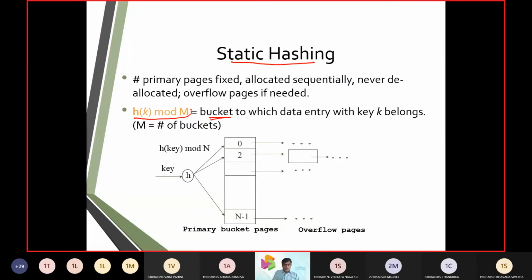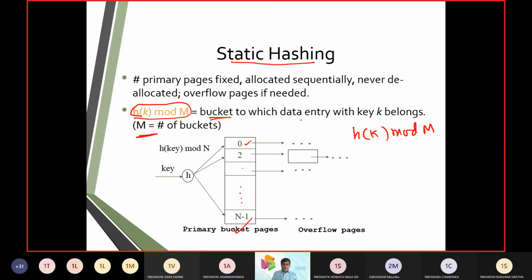It is going to be taken up with the formula h of k mod m. Here m gives the number of buckets. So bucket 0, bucket 1, bucket 2. In this way we will be taking up the bucket elements.